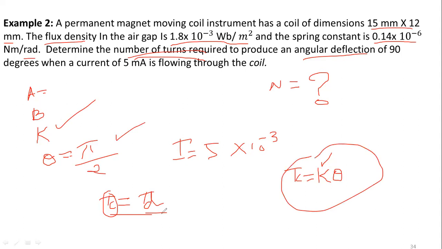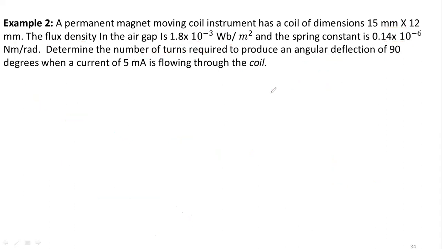Then TD equal to NBAI is the formula. B is given, A is given, I is given. Calculate N here. Simple formula, use it. Everything is prepared like food, you just have to eat it. That's it.